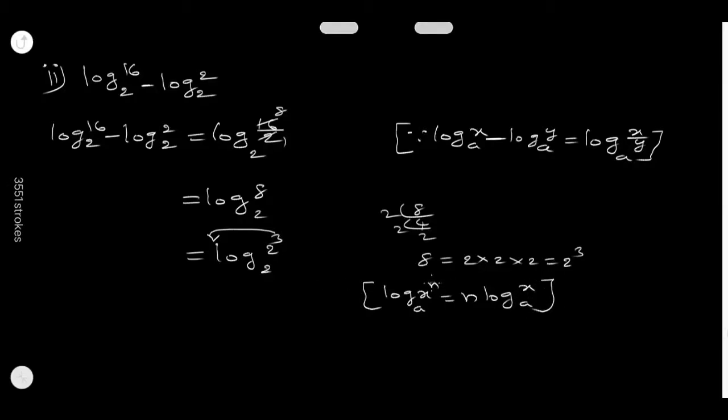It will become 3 into log 2 base 2, and the value of log 2 base 2 is 1. So 3 into 1 is 3. So log 16 base 2 minus log 2 base 2 value is log 8 base 2, and that value is 3.